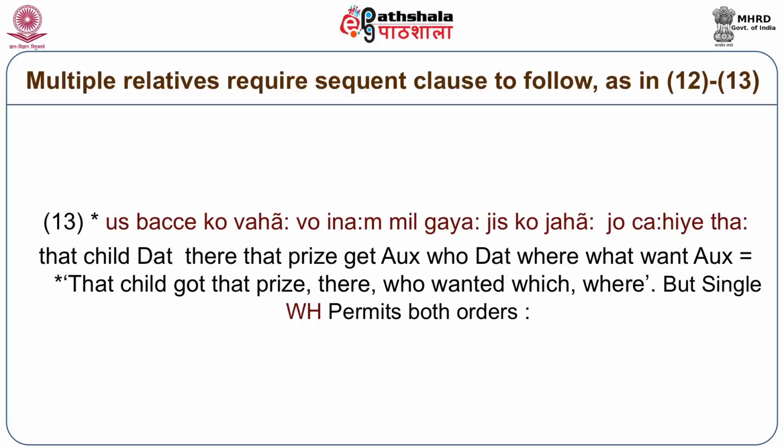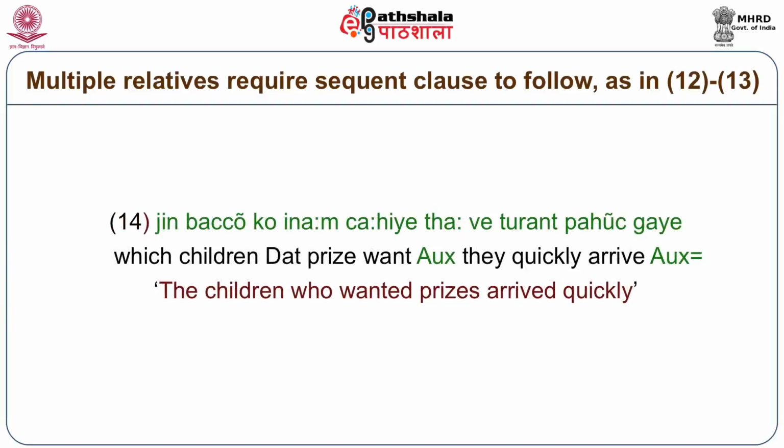However, if you have a single relative phrase involved, as in sentence 14, the children who wanted prizes arrived quickly in the correlative format. जिन बच्चों को इनाम चाहिए था वे तुरंत पहुँच गए.